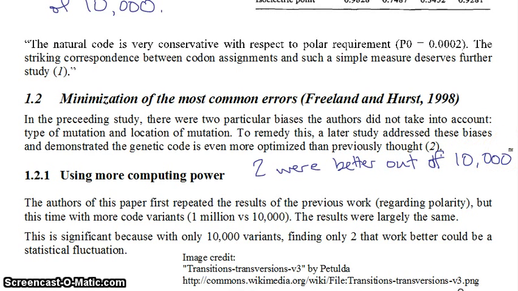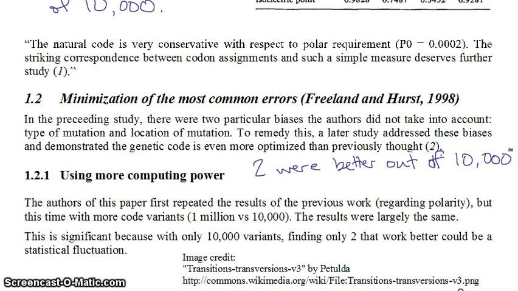Now the problem with this number is that when you only find 2 that are better out of 10,000, 2 is a small number, and this could be the result of a statistical fluctuation. In other words, maybe you just got lucky or unlucky, and maybe on average you should expect only 1 to be better out of 10,000.